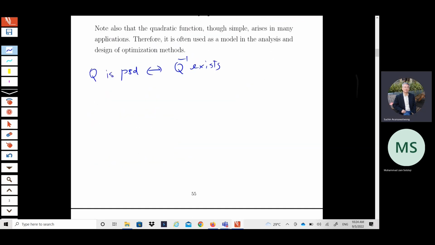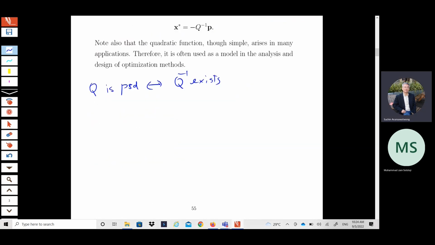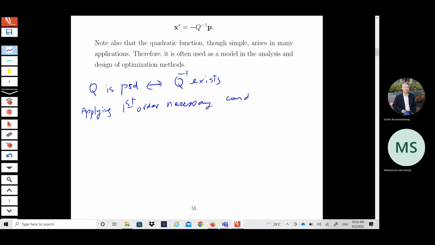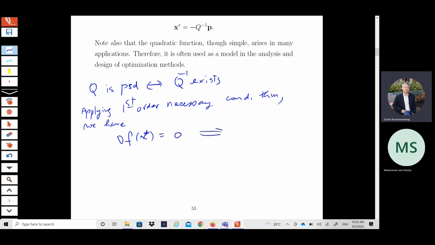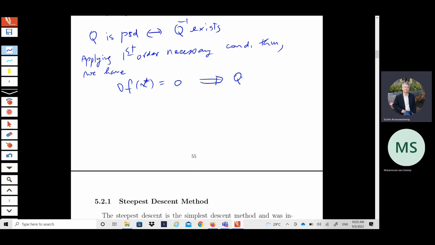So when we apply the first order necessary condition theorem, we set the gradient of f(x star) equal to 0, and we find that Q x star plus p is equal to 0, right?